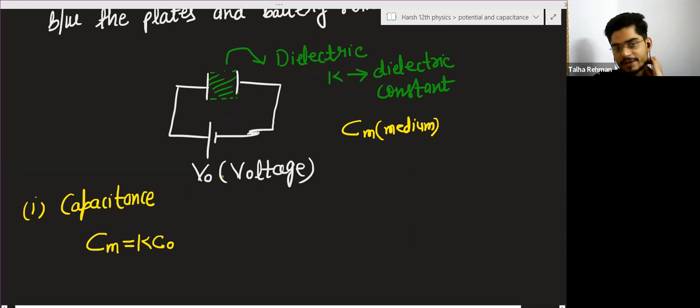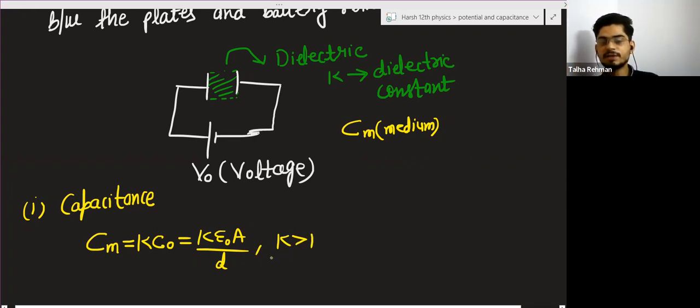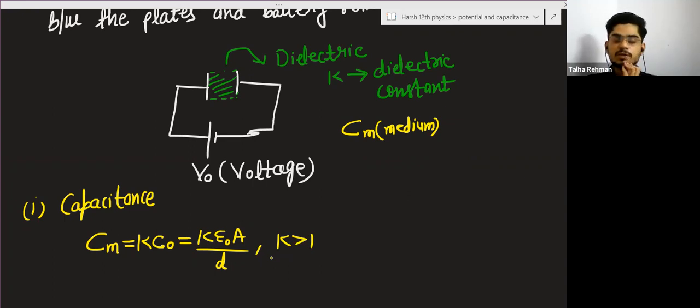Now the battery remains connected and the dielectric is filled, but due to this dielectric the capacitance becomes K times C naught, where C naught is epsilon naught A divided by d. K is greater than or equal to 1; for air K is 1, for water I think it is 80.